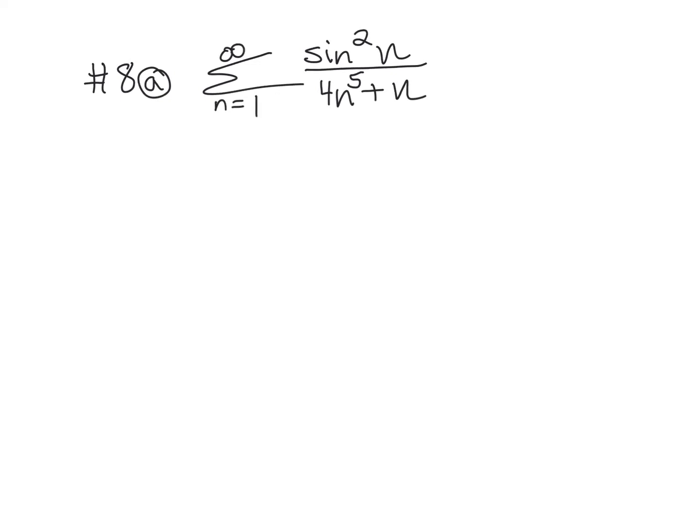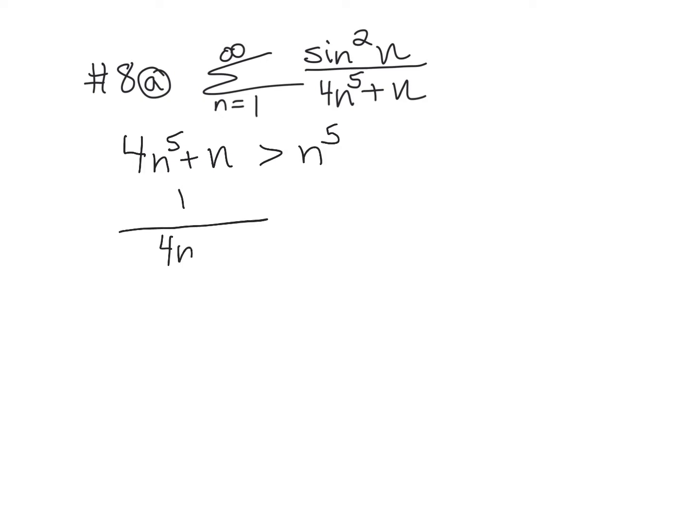The first example is the summation from 1 to infinity of sine squared of n in the numerator divided by 4n to the fifth plus n. So we're going to take the denominator 4n to the fifth plus n, and this is greater than, of course, just n to the fifth.